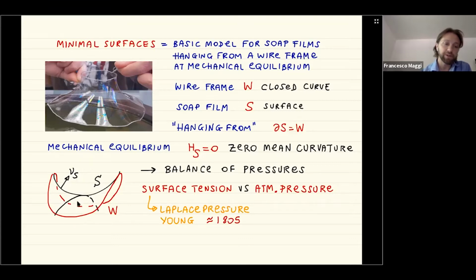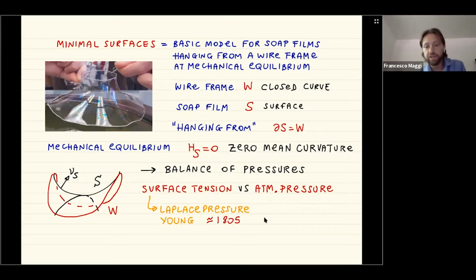And this pressure is proportional to the mean curvature versus atmospheric pressure. Since the atmospheric pressure on the two sides of your surface is the same, essentially you're requiring in the model that the surface tension is equal to 0. So the pressure resulting from surface tension, more accurately, is equal to 0. This is the argument of Laplace and Thomas Young, dating back to the beginning of the 1800s.